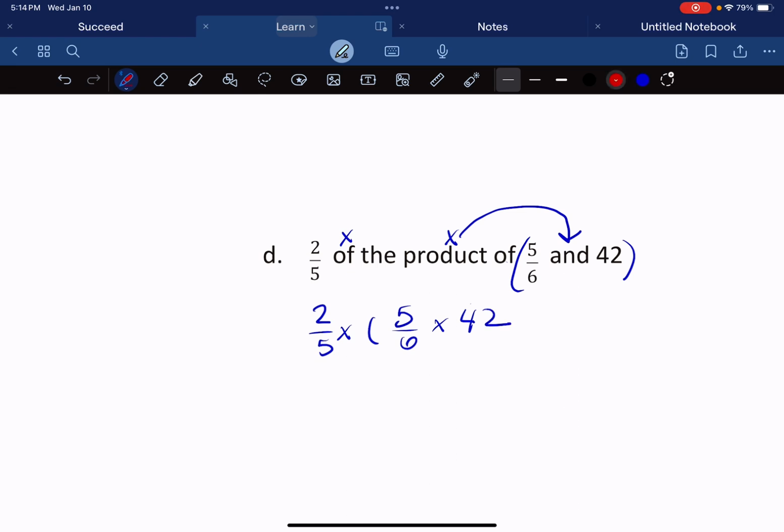Now, in my class today, I let the students tell me that that was for multiplication. Let me close that parentheses really quick. Then we talked about it, and I asked them, does it make sense to write 2/5 of, then multiplication again, and then parentheses 5/6 times 42?